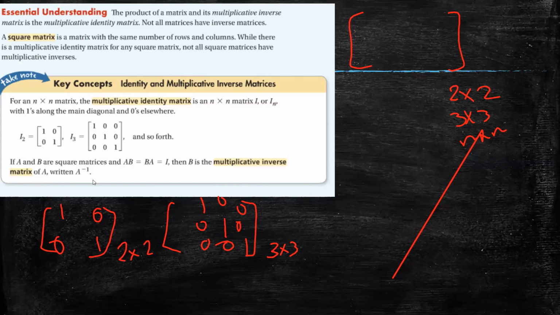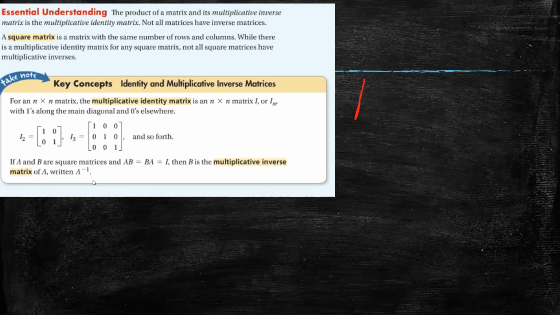And if you have a matrix A and a matrix B, we name it the inverse matrix, like matrix A times its inverse matrix gives an identity matrix, as we said before. Is it clear?